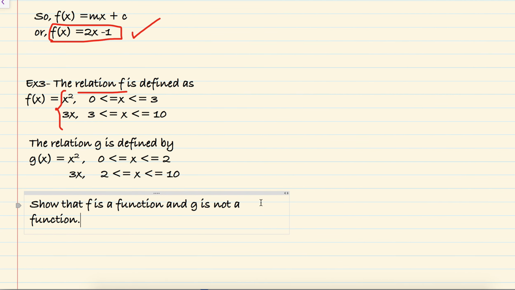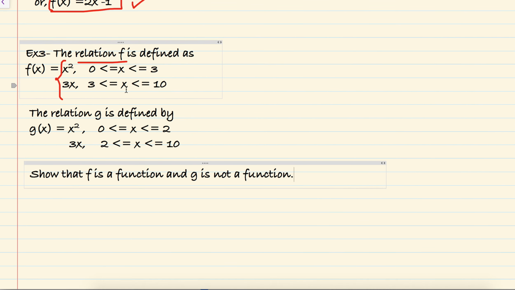So we have to show that the relation defined by f defines a function, but the relation defined by g does not define a function.